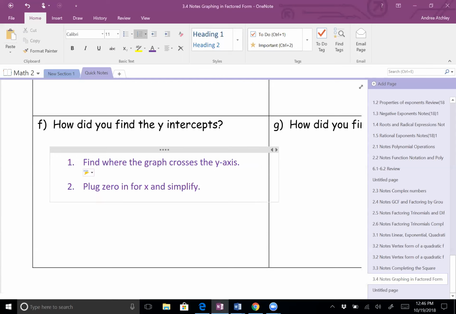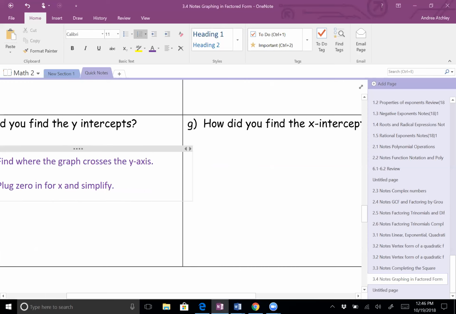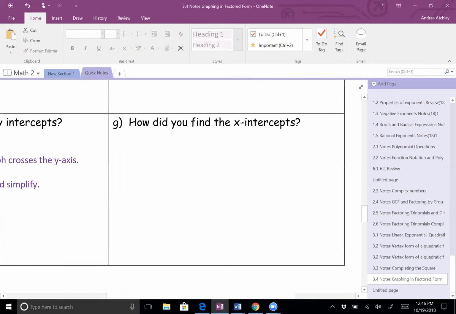Because in your homework, a couple of times the y-intercept is going to be off the graph. You're not going to be able to see it. So you have to plug in the 0 for x and find y. And our x-intercepts, how do we find those? What?